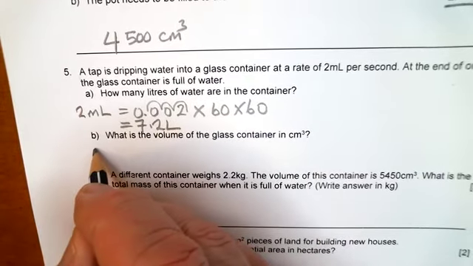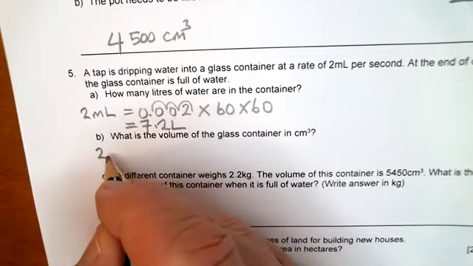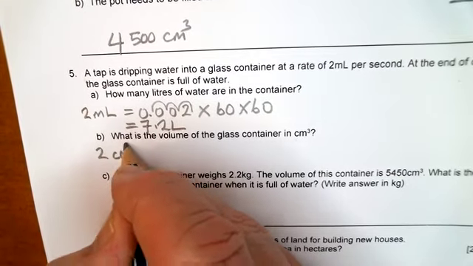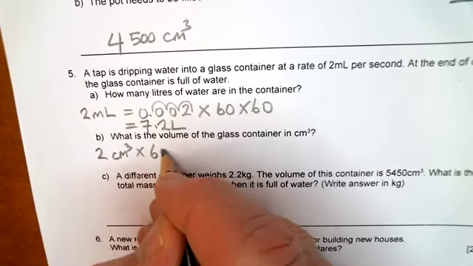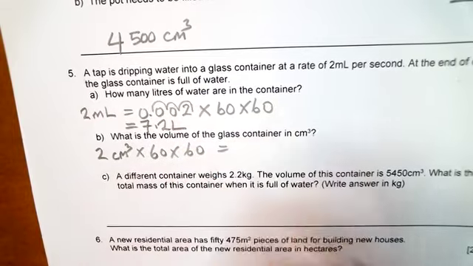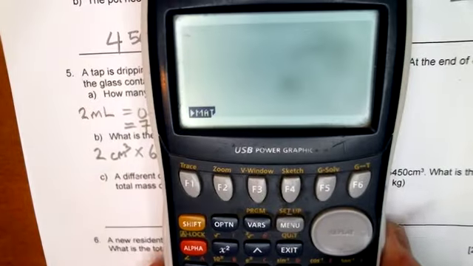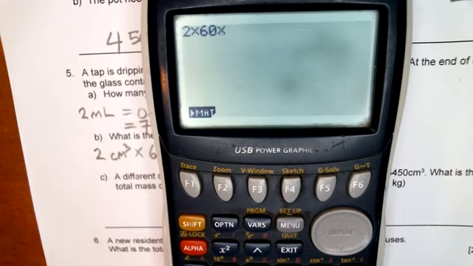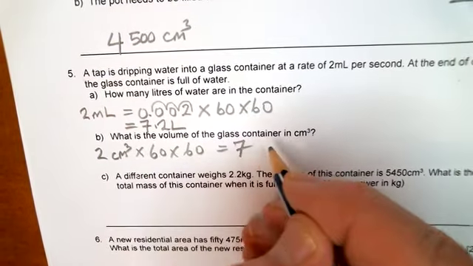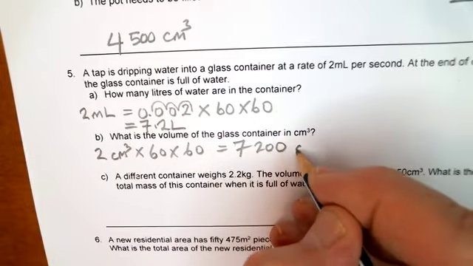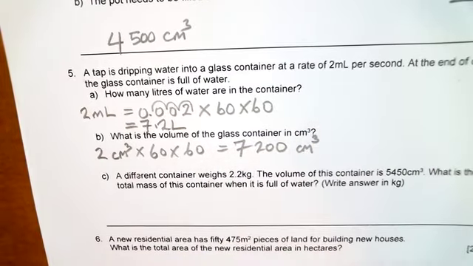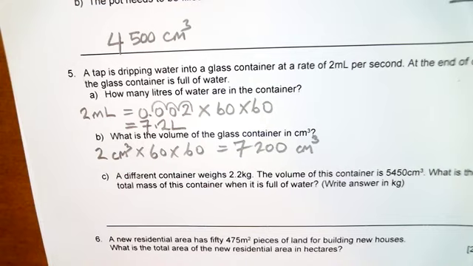So it's really 2 cubic centimetres, okay? And we're going to multiply it by 60, so you've got 2 times 60 times 60, which is 7,200 cubic centimetres.